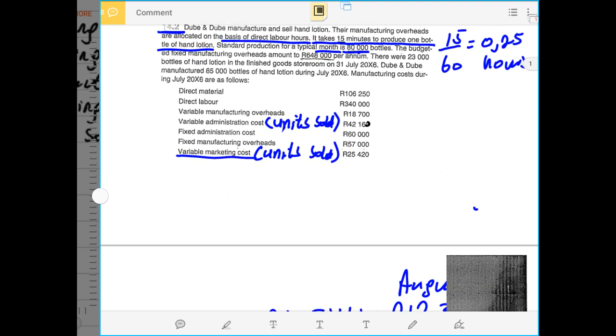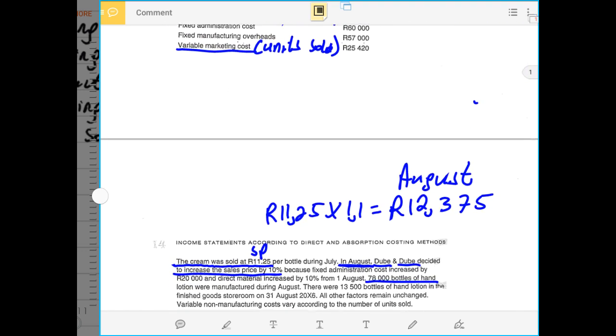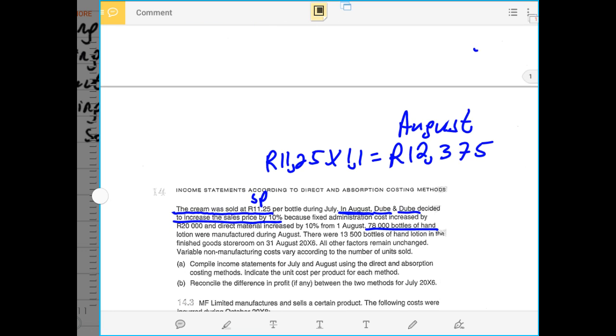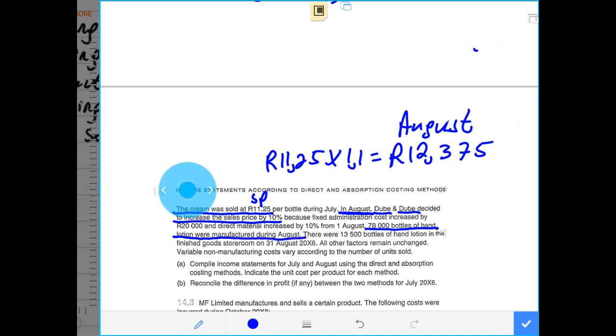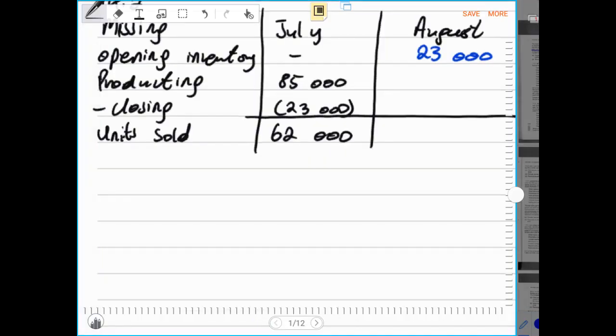In the month of August, the information was given below, and we were told that there were 78,000 bottles of hand lotion manufactured during August. So this will be our production, 78,000 for the month of August.